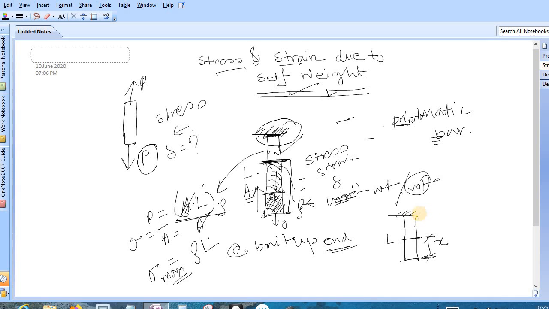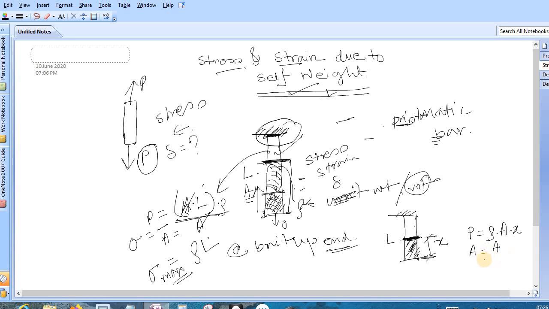Okay, so what is the weight of this portion? Because the weight of this portion is acting in this section. Weight is rho, the density, volume is A into x, and cross sectional area is A. So stress is simply rho into x.